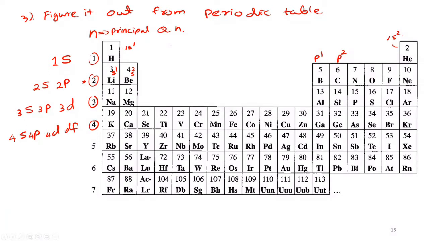Now, when you went on filling 1s, 2s, 2p, 3s, 3p in the third period, your 3d is empty. You end up filling 4s, and then you start filling the 3d.